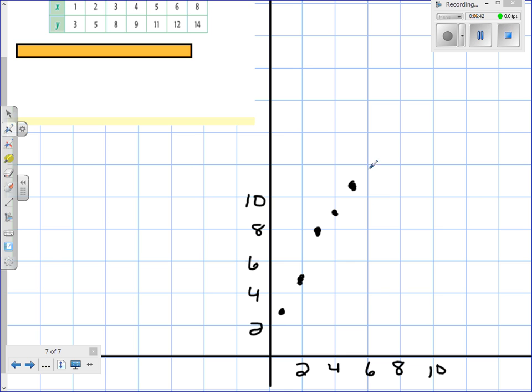And 6 is up here at 12. And 8 would be up here at 14. So here are my data points.